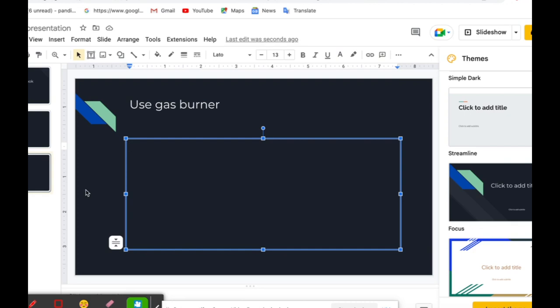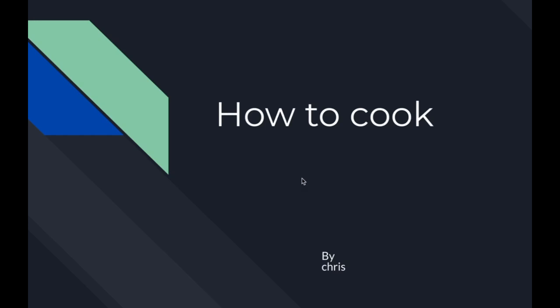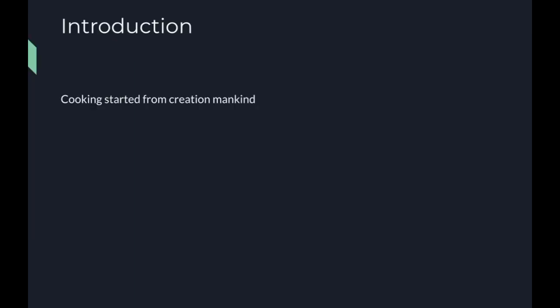By the time you finish everything and you want to do a presentation, you simply come here to Slideshow and click on it. So this is it. You can do this as a presentation to your students, your workplace, and any other place you are going to be presenting.